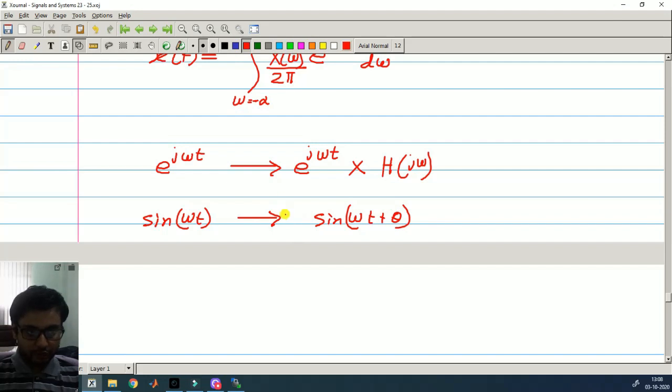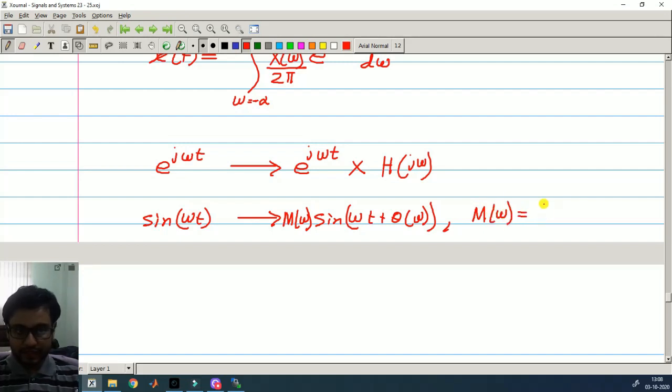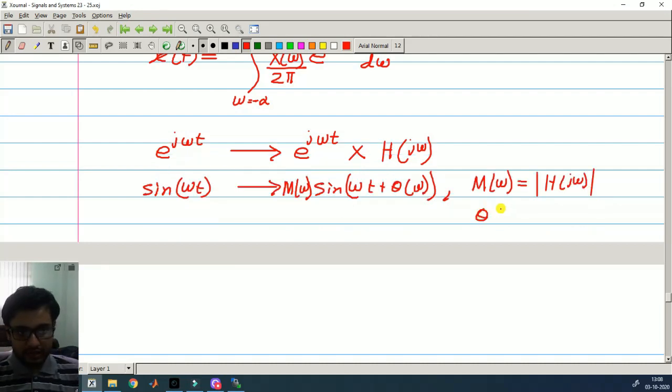M depends of course on omega. Theta also depends on omega, where M is nothing but the magnitude of H(j omega), and theta is the angle of H(j omega).